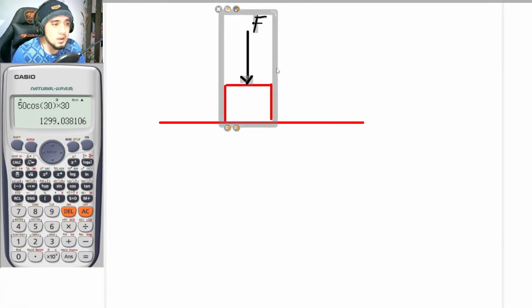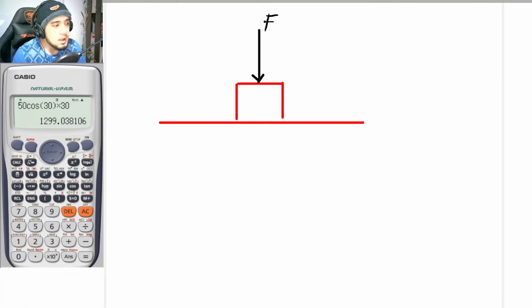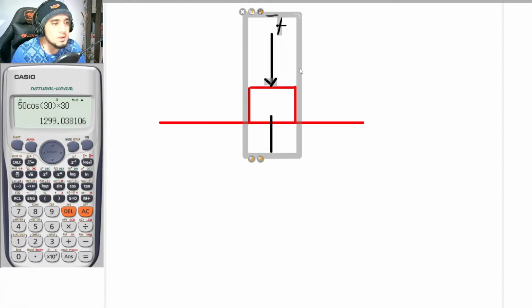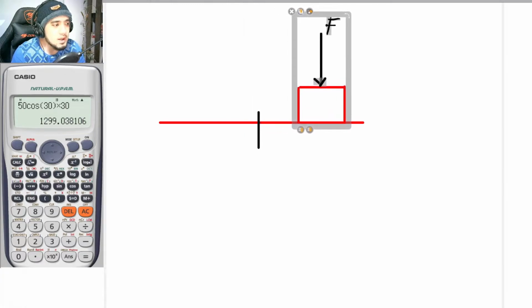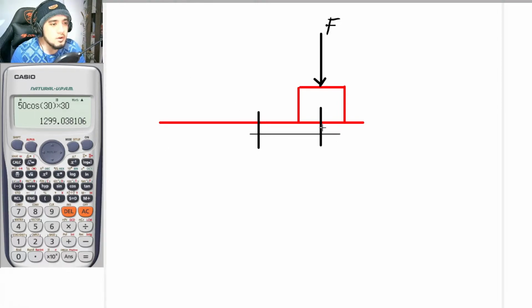So if this is the initial position, it moved towards the right, and this is now the final position. Let me just draw. Let's pretend that this is our displacement D.